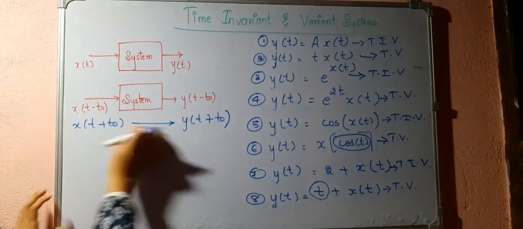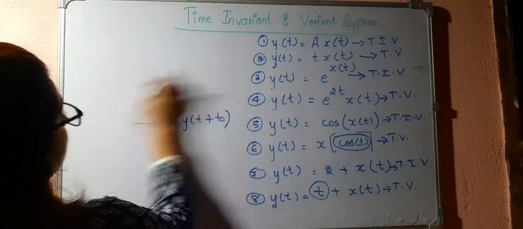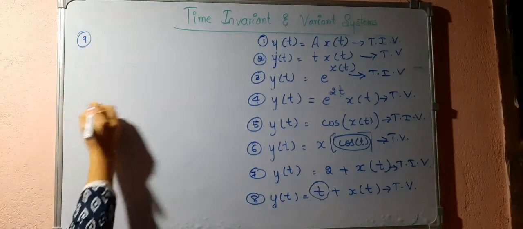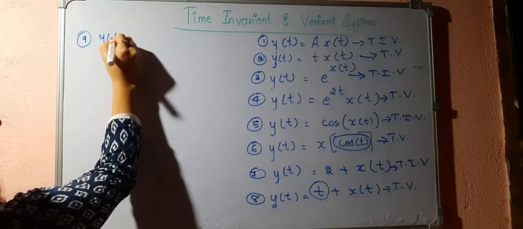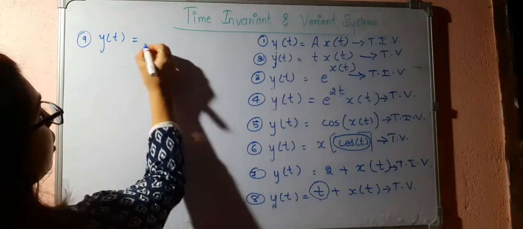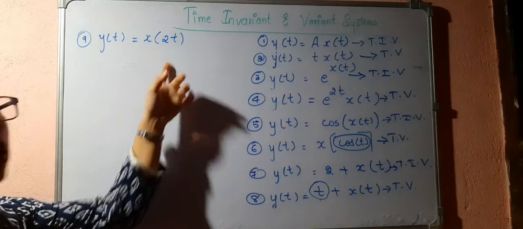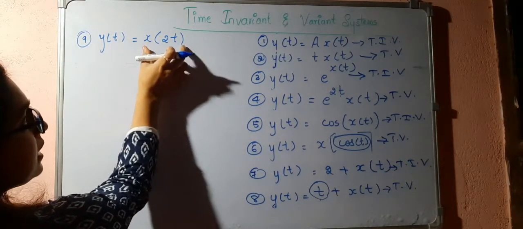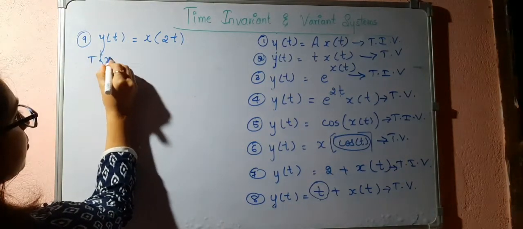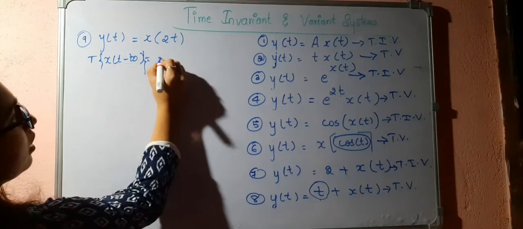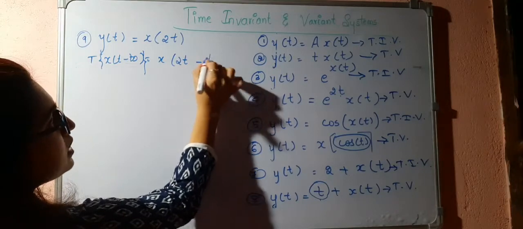Okay. So next one, y of t is equal to x of 2t. So here what happens if I am passing this signal through the delay, it will be x of 2t minus t naught.